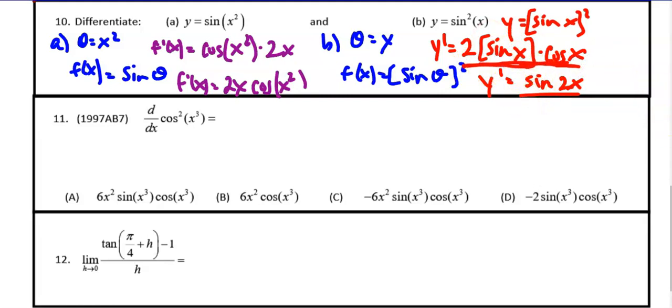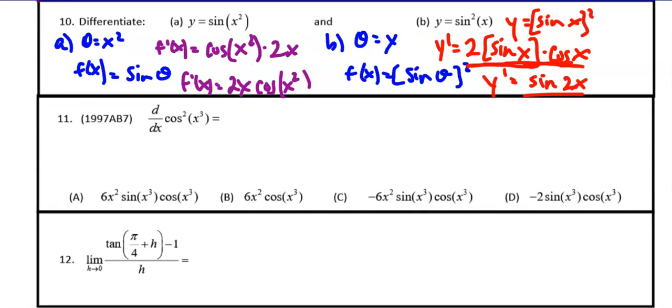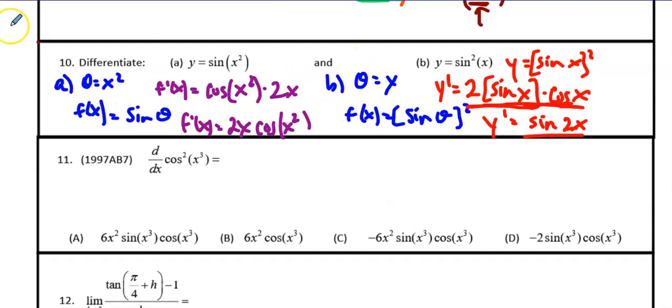Because if I wanted you to find the derivative of the function y equals 2 sine x cosine x, you could find the derivative by using the product rule, or by rewriting this as sine of 2x and then finding the derivative using the chain rule.